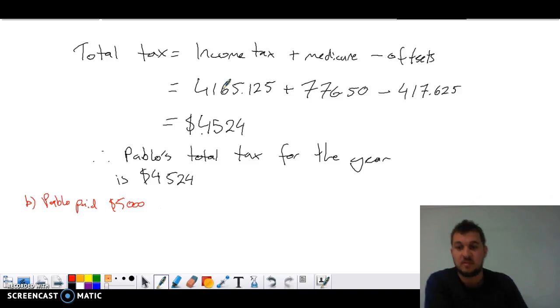In his pay slip, each week gets taken out, and it's totaled up to $5,000 over the year. Does he get a refund? If so, how much? Well, let's have a look. $5,000. He only owes $4,524. So he gets a refund. Let's write that down. Pablo gets a refund.